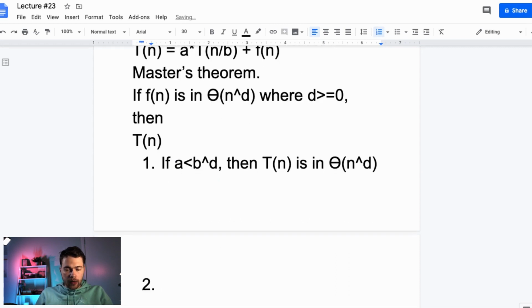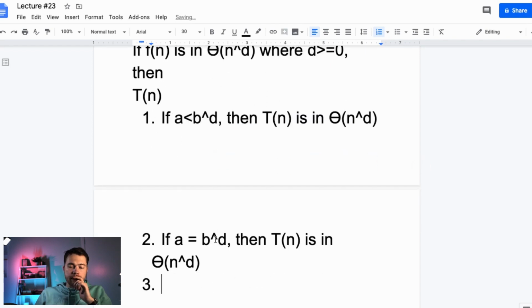Second case, if a is equal to b to the d, then T of n is in big theta of n to the d times log n. So n to the power of d, and log n is outside of the power, so it's log n times n to the d.